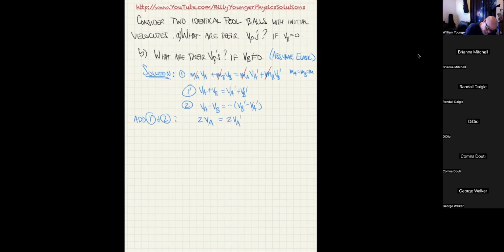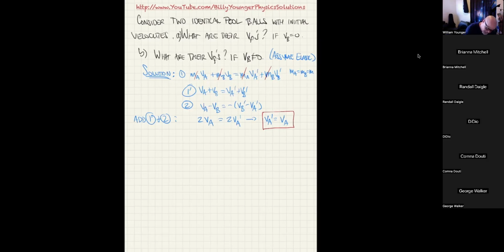So what I've now learned is that VA prime, which was an unknown, is actually equal to VA. That's one solution. In other words, the first particle, say A, could run into B and collide and then have the exact same magnitude of velocity as it did before the collision.